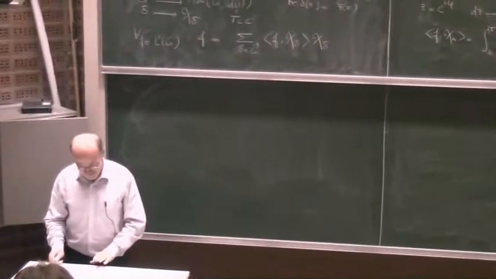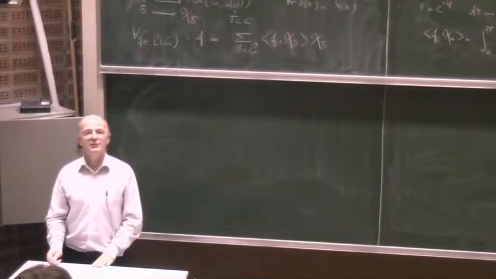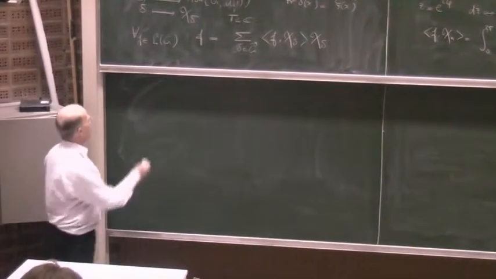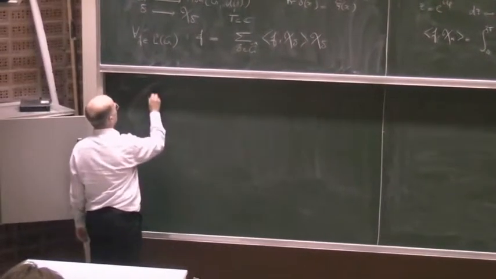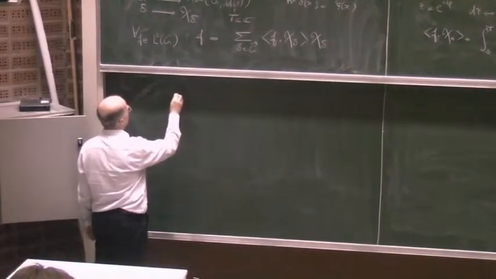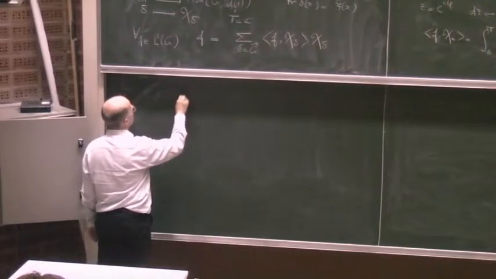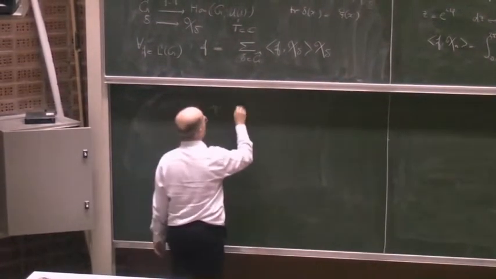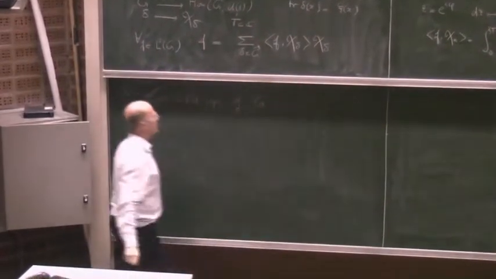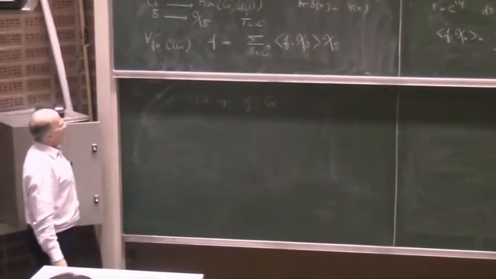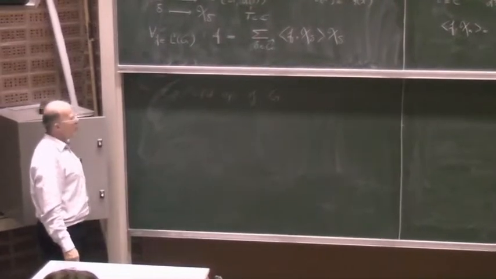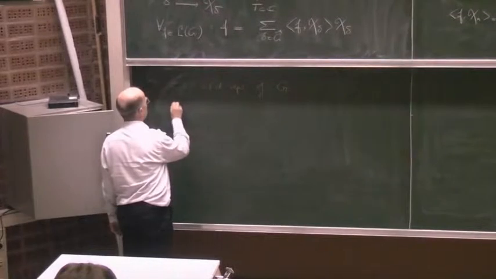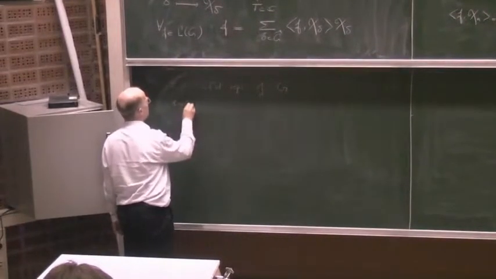Okay. Now I want to give an application of characters. If we have two representations, pi and rho, continuous finite dimensional representations of a Lie group G, and suppose that these representations are equivalent, suppose that pi is equivalent to rho.